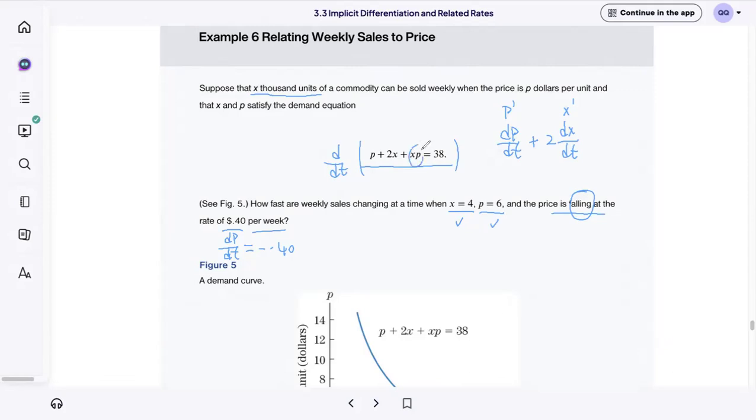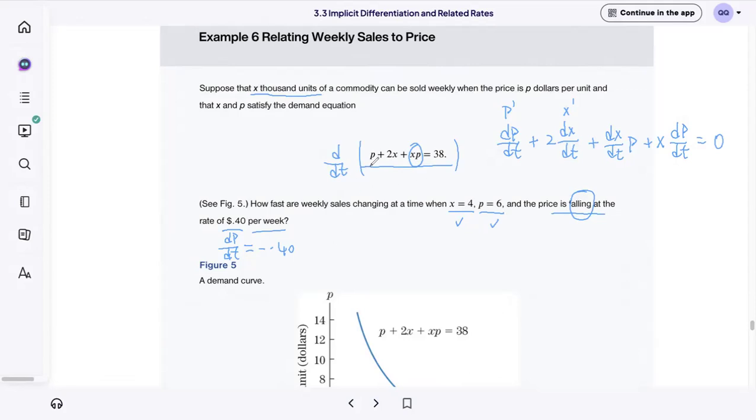But then we see a product. So we have to follow the product rule. So plus product. When we take the derivative with x, we get 1. So we have dx/dt times p plus x times dp/dt equals 0. Because 38, taking a derivative in terms of anything would be 0. Because 38 doesn't change in terms of anything, it's a constant.